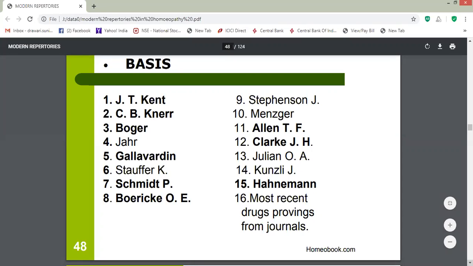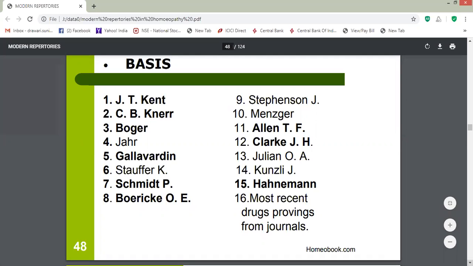Then Dr. Hahnemann's Materia Medica Pura and Chronic Diseases, as well as the most recent drug provings published in different journals; data was collected from those journals also.